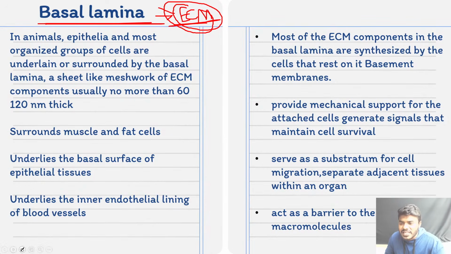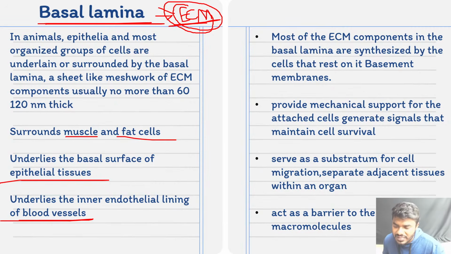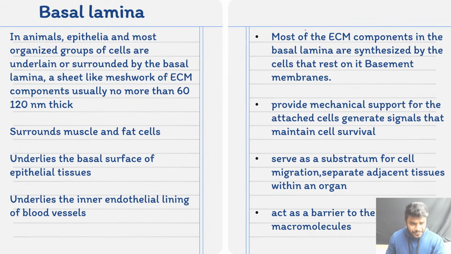It's around the muscle cells, it's around the fat cells, it's around the epithelial tissues, it surrounds the blood vessels, what not. In every cell, the basal lamina is present. Muscle cell, fat cell, and epithelial tissue. Kindly do not get confused with this particular point.